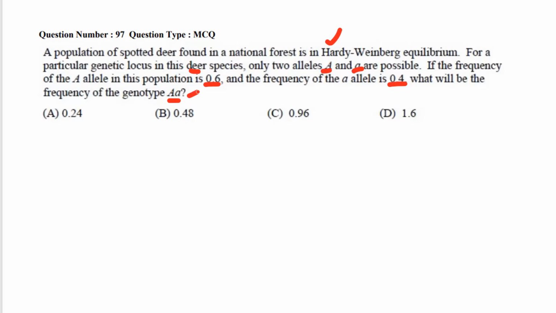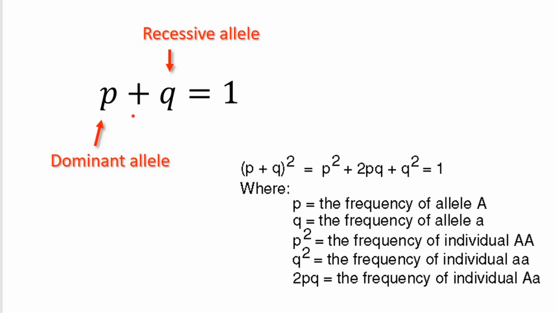So first of all, you should know that if there are two alleles, or any number of alleles, so if there is a dominant allele and a recessive allele, the sum of the frequency of the dominant allele as well as the recessive allele should be equal to 1.